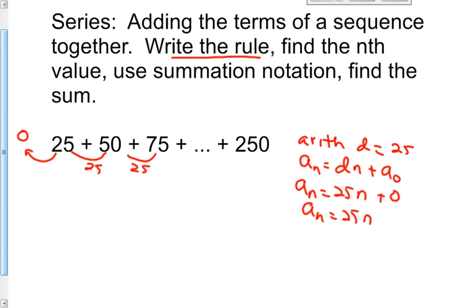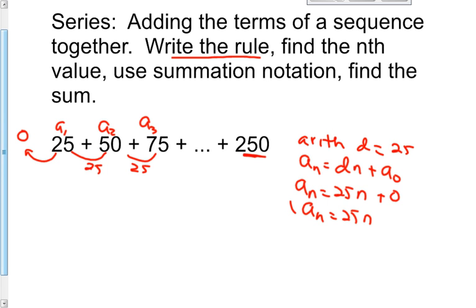Now we need to find the value of the nth term. We know the actual answer is 250, but we want to know which term that is. This is a sub 1, this is a sub 2, this is a sub 3. Which subscript, a sub what, gives us 250 for an answer? What we're going to do is go backwards.